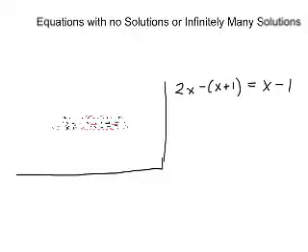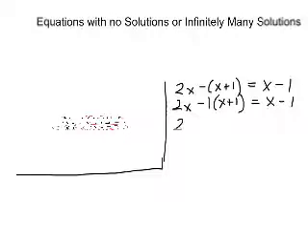Okay, let's try another one. Here we have 2x minus, parentheses, x plus 1, equals x minus 1. We have a distribution here too. Remember, 2x minus x plus 1 is the same as negative 1 times x plus 1. We distribute this negative 1 over those two, or you can think of negating everything inside the parentheses.